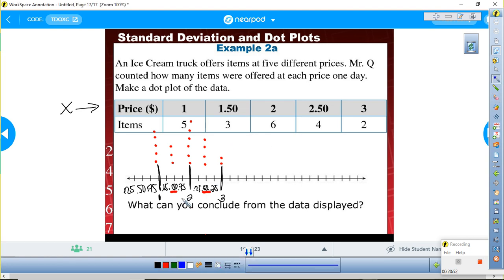Summary, go ahead, Melanie. Most kids buy $2 items. Is that correct? Yeah, if you're someone that has a business and you look at that, the majority like the $2 items, well, guess what kind are you going to have on that truck? $2 items.